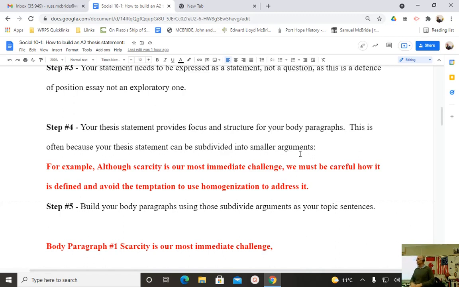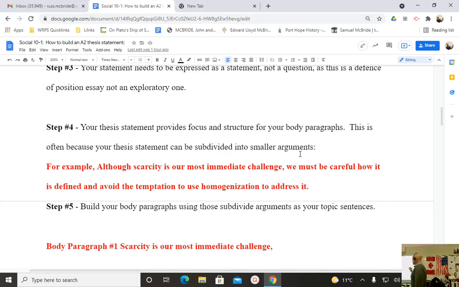That's your topic sentence. And throughout body paragraph 2, you're going to offer supporting argumentation and evidence to continue that position. And then argument 3: we must avoid the temptation to use homogenization to address scarcity. There's your topic sentence, and now that gives you focus and structure for the third section of your body.